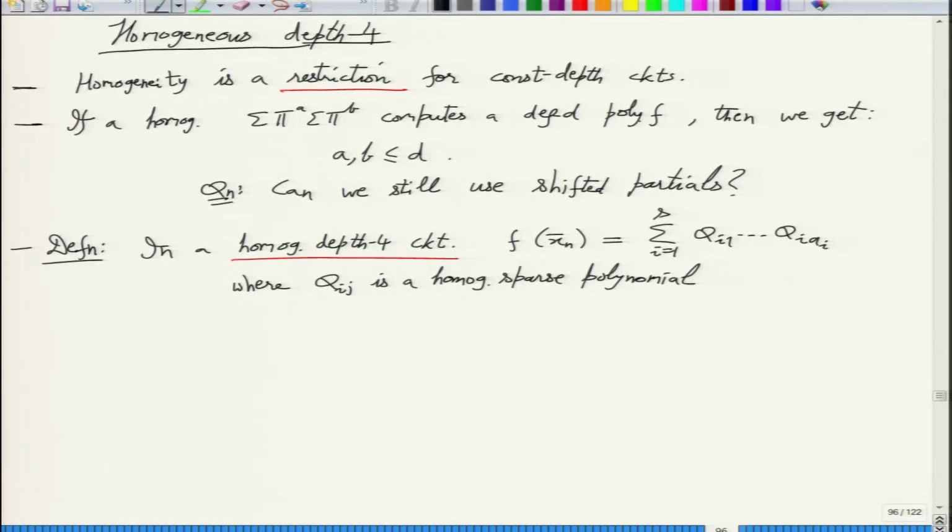I'm using the word sparse just to signify that all the monomials in Qij will be counted. Whatever monomials appear, they will count. Monomials that don't appear will not be counted.